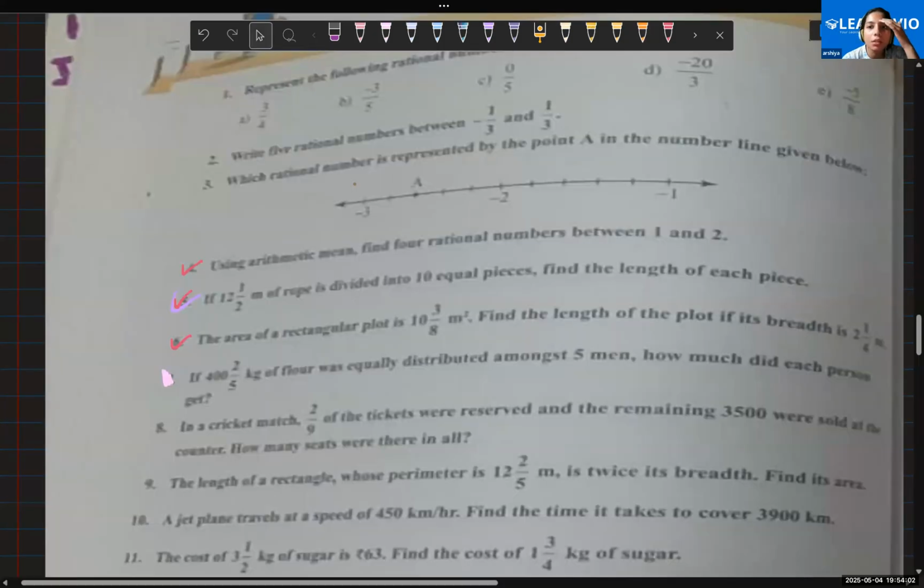Question number 11, right? Yes. Wait, 31 1 by 2. Can you repeat? Okay, 31.